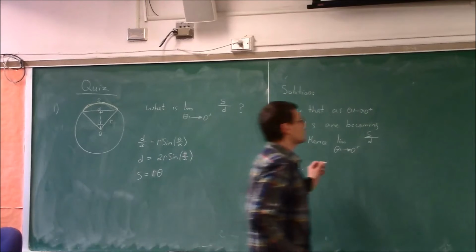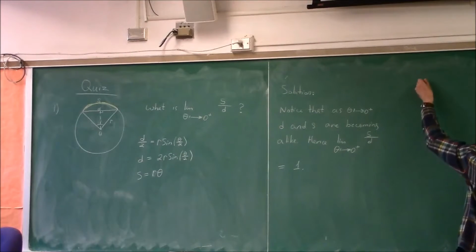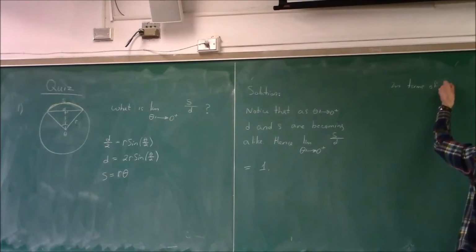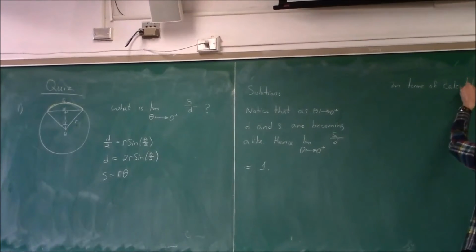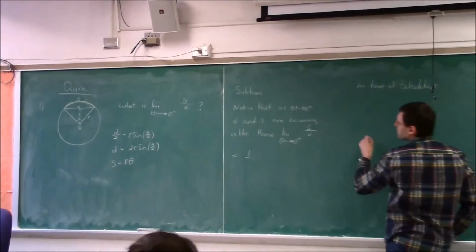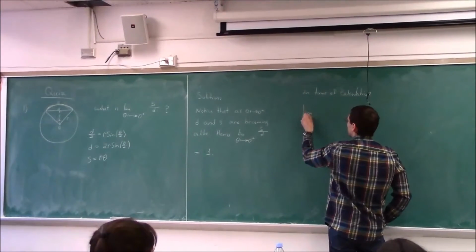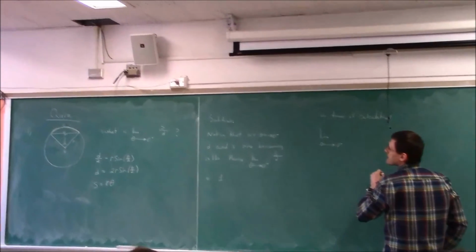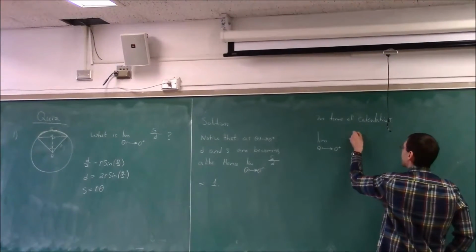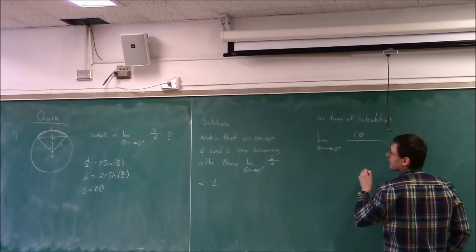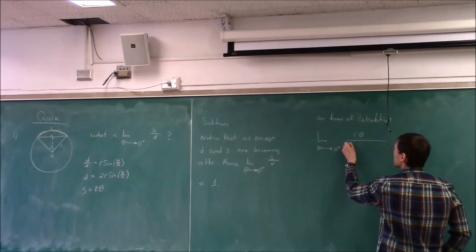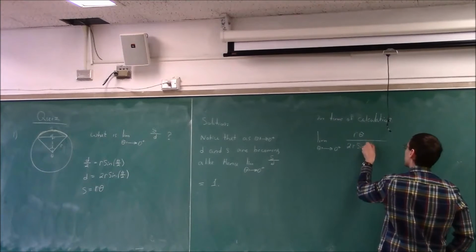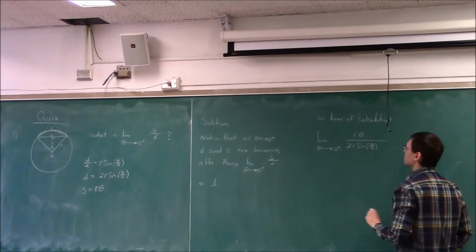So using calculation, you can do something like this. You can say that this is the limit where theta goes to 0 plus of s, which is r theta, divided by d, which is 2r sine of theta divided by 2.